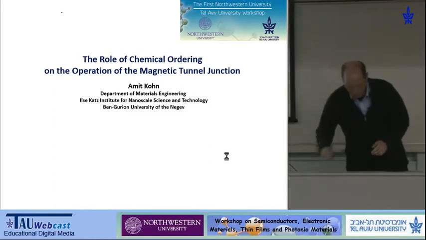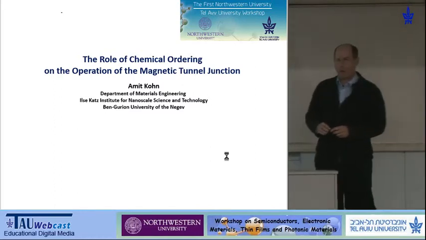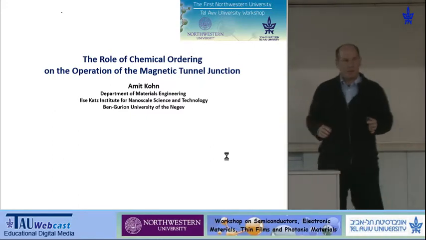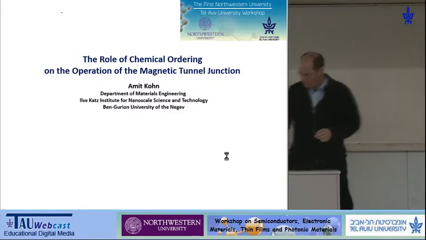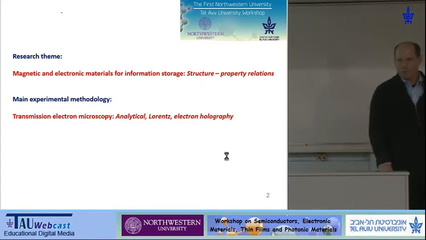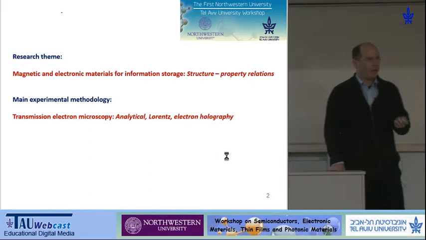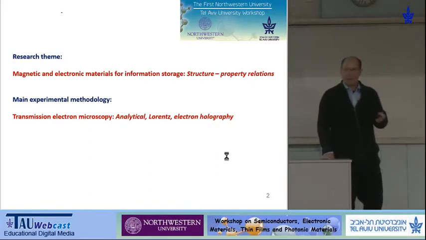Okay. So I gave this talk a rather general title, about chemical ordering and operation of a rather specific device, a magnetic tunnel junction. First, as a research theme, I work mostly on magnetic materials and semiconductors, electronic materials, in devices typically used for information storage.